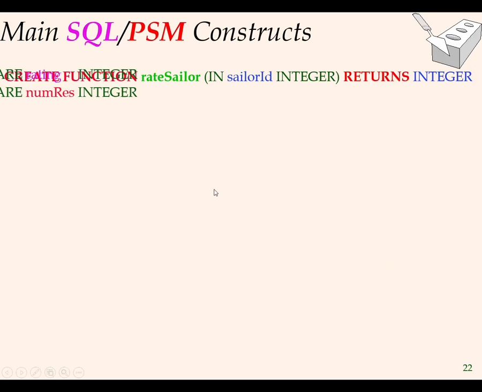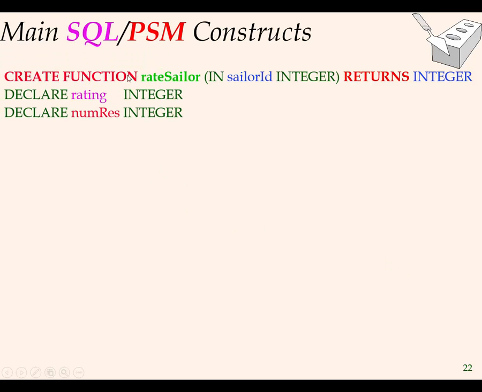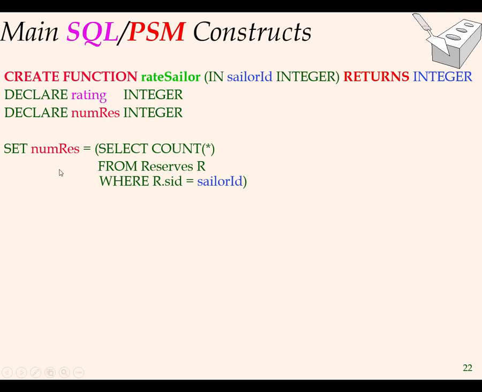Let's look at, for example, a create function, rate sailor, that takes one input parameter, sailor ID of type integer, and returns an integer. We said we declare the variables. You have to use the keyword declare. This is the variable of type integer, declare numRes of type integer. Inside, I'm going to set the numRes.